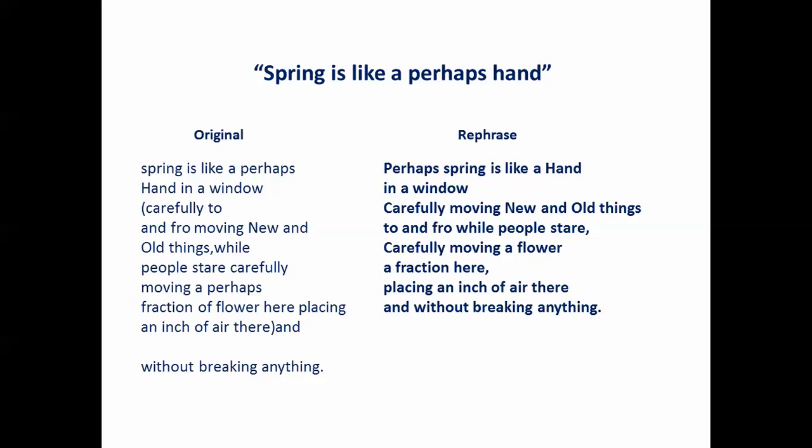Perhaps spring is like a hand in a window, carefully moving new and old things to and fro, while people stare, carefully moving a fraction of flower here, placing an inch of air there, and without breaking anything. But again, why not just say that?